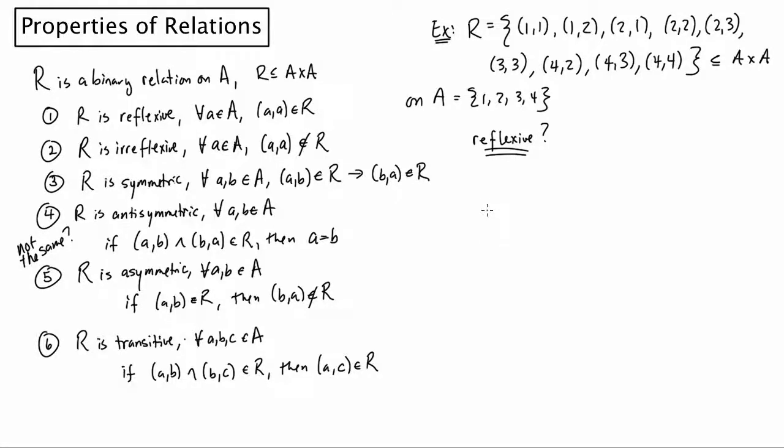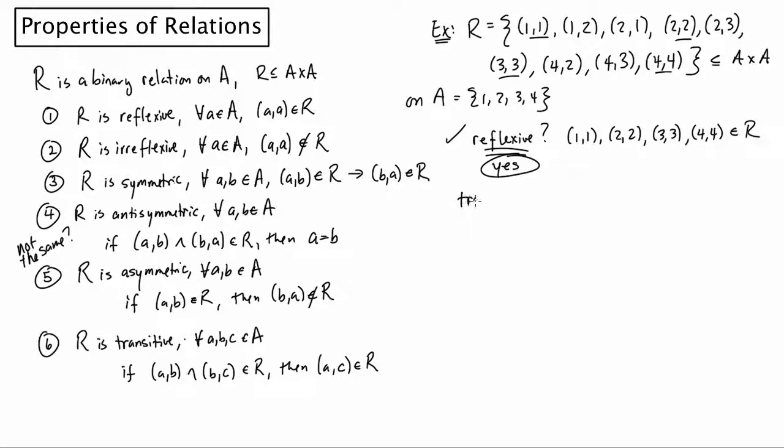Well, in order for it to be reflexive, I have to have all of the identical ordered pairs in here. In other words, I need (1,1), (2,2), (3,3), and (4,4) to all be elements of R, and if you check, they are all in there. So this is reflexive. So yes, we are reflexive.